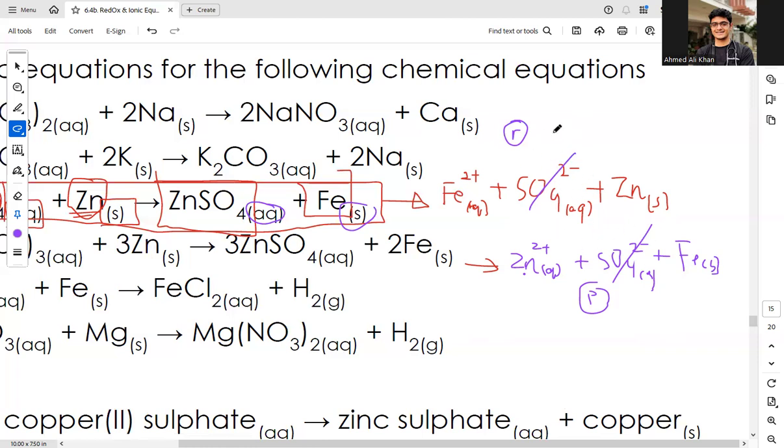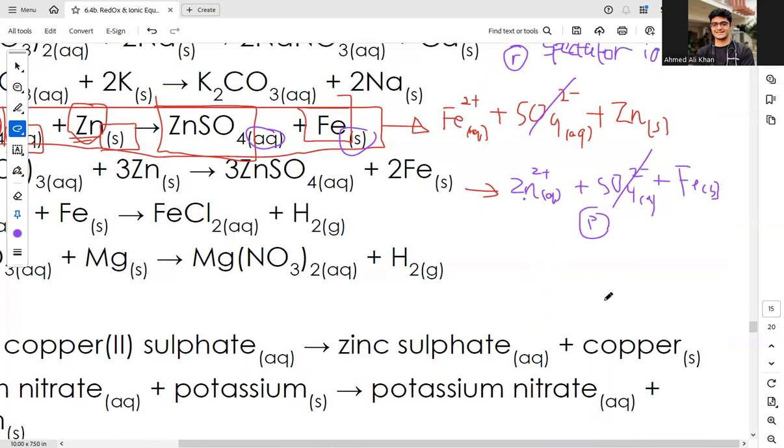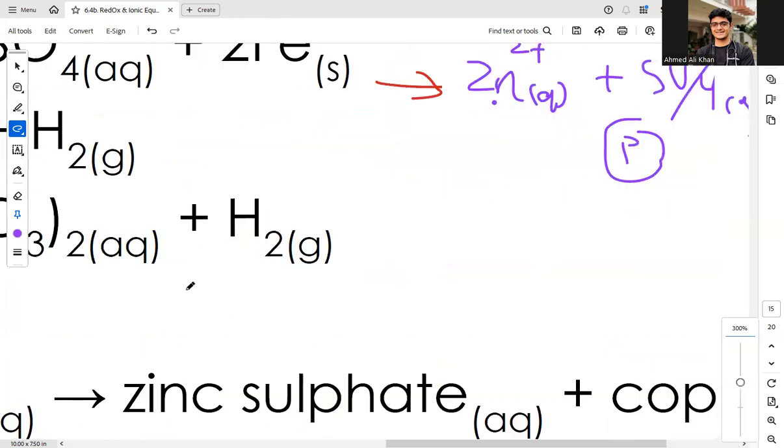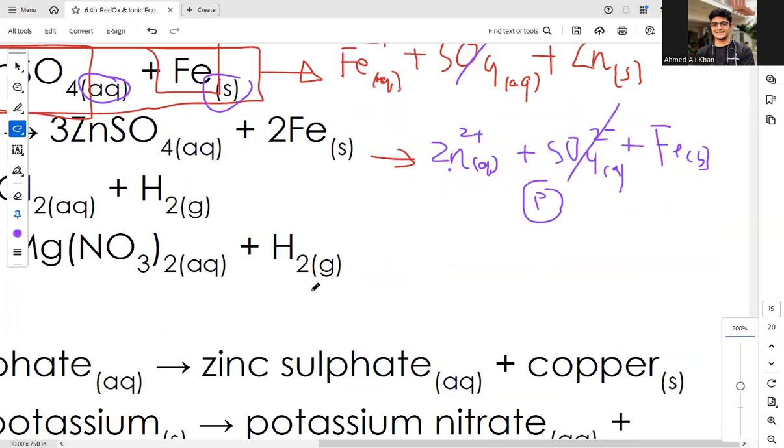That's why we call them spectator ions. Once you get knocked out of a game, once you get eliminated, you become a spectator, right? So these are known as spectator ions, and they're not taking part in the reaction. If we write down the final equation, we just write out the ions which are left.